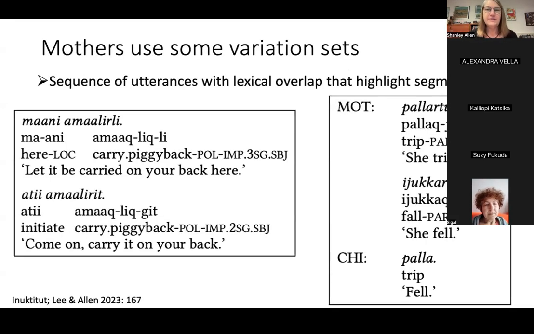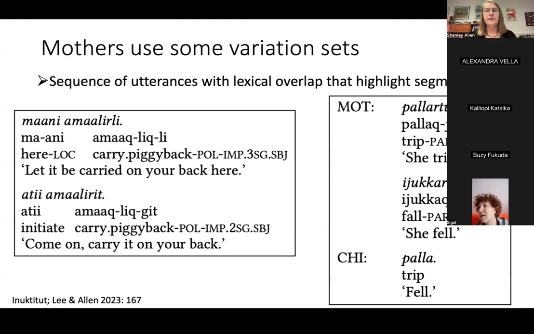Anyway, we did see variation sets. We focused only on variation sets; we didn't look at general repetition or formulaic utterances. We saw variation sets at every age. Variation sets are sequences of utterances that have lexical overlap, but not 100%.